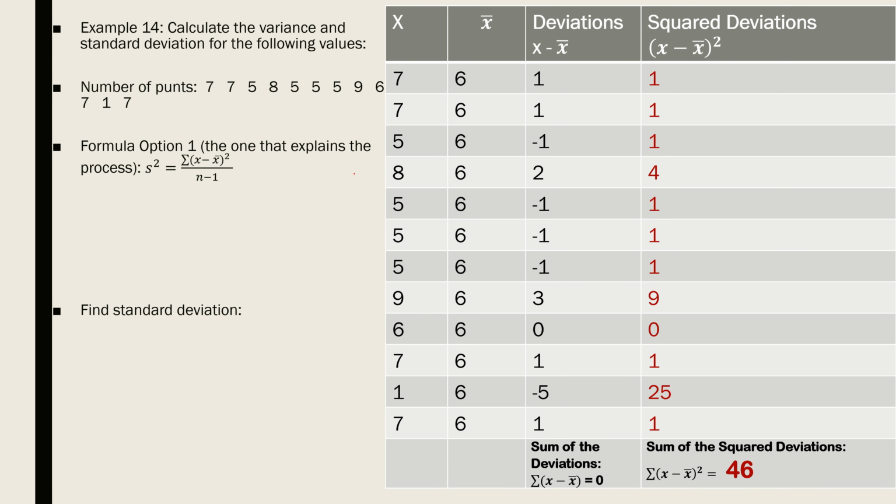Then we are going to calculate the squared deviation. The 1 is just equal to the square of the deviation here. Same thing here. And the square of -1 is still equal to 1. 4 equals the square of 2, and so on and so forth.